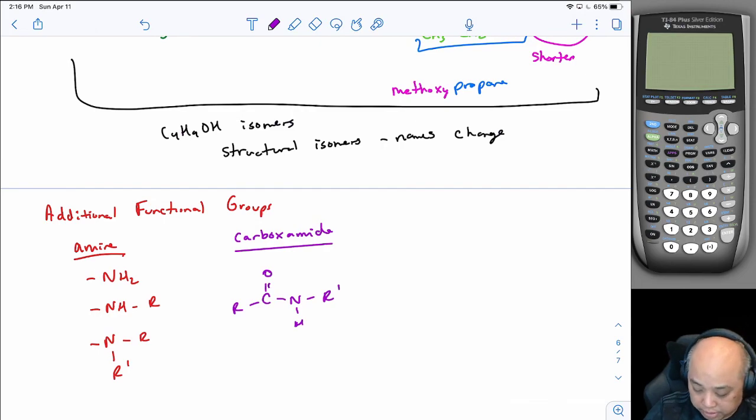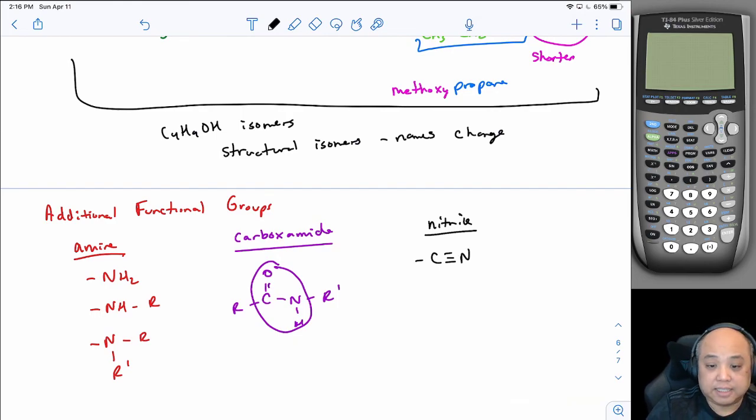And so this whole thing right here is called a carboxamide group. So if you see a C double bond O and then an N connected to it, that's a carboxamide. And a nitrile, that's C triple bond N.